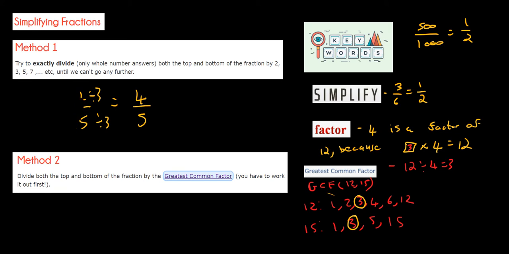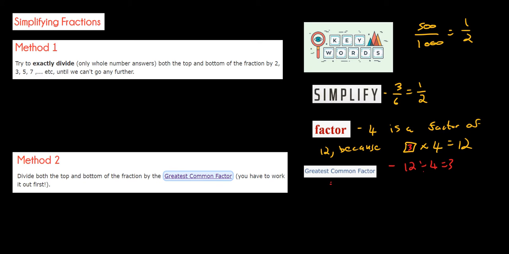I'm going to give you one to do. Let's find the greatest common factor of 12 and 30. Pause the video and off you go. Hopefully you've done that now. Let's list the factors of 12 and the factors of 30. We've got 1, 2, 3, 4, 6, and 12.